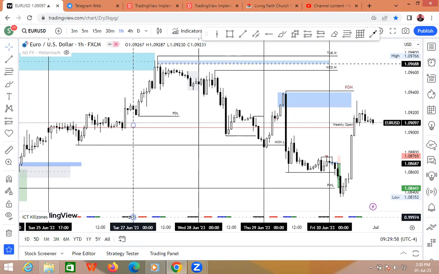Then the range high, range low, and then the settings. The settings for that are 50%, something that we're using.